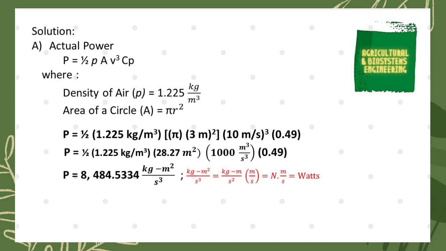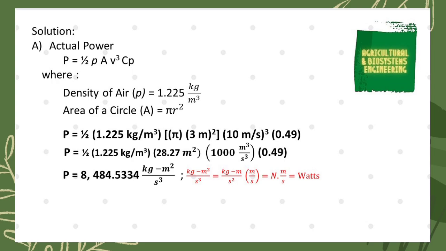So we just use direct substitution again. So wind power now is equal to 1/2 times 1.225 kilogram per cubic meter, which is the density of air, times the area of a circle, which is pi times the square of the radius of 3 meters, times the cube of the velocity or the speed, which is 10 meters per second, and our power coefficient of 0.49.